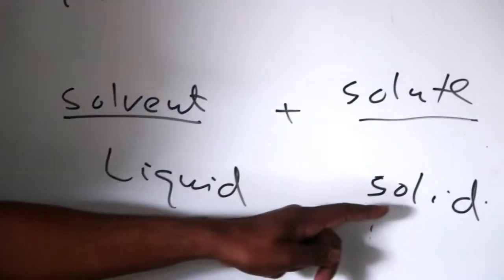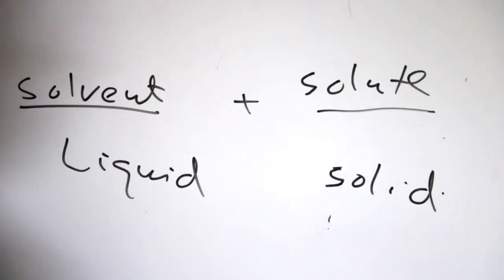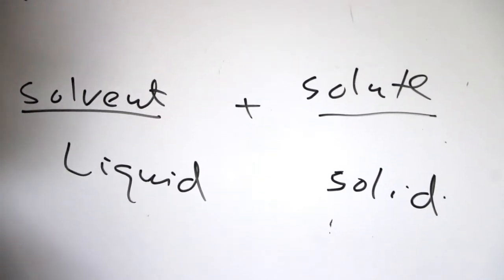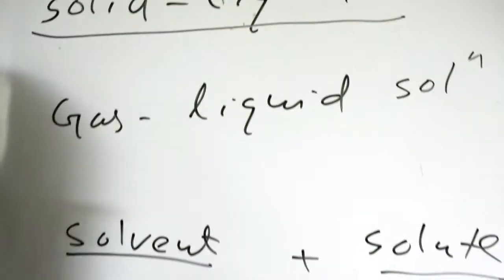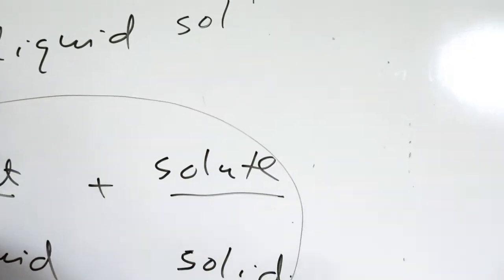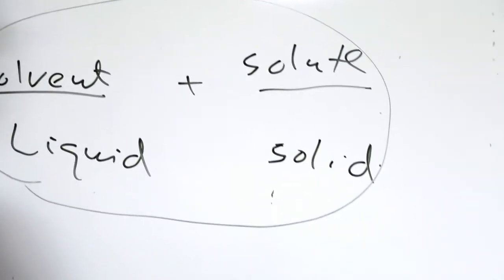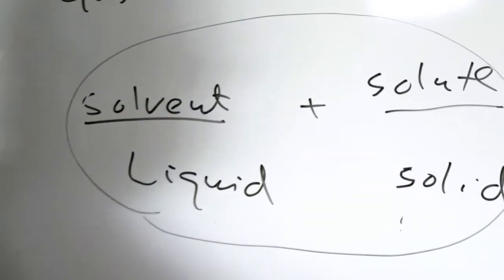The solubility of a solid, we know, depends on the nature. The solution consists of one liquid as water and another solid, that may be ionic solid or soluble solid.